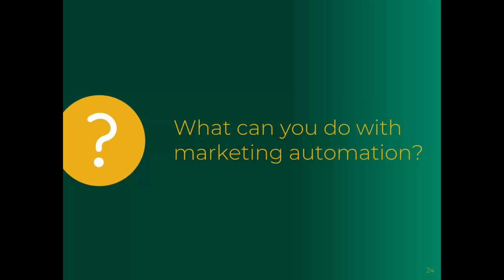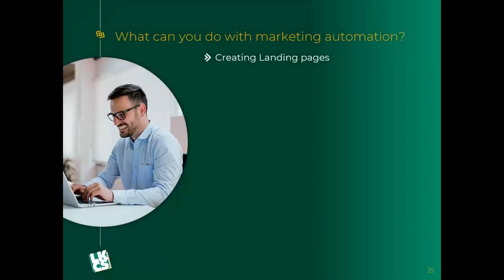So what can you do with marketing automation? With our no-code marketing technology, marketers can now do things that they previously had to rely on software developers to implement. Create landing pages with our easy-to-use drag and drop editor. Quickly create landing pages that are designed for a specific type of visitor with a specific goal.